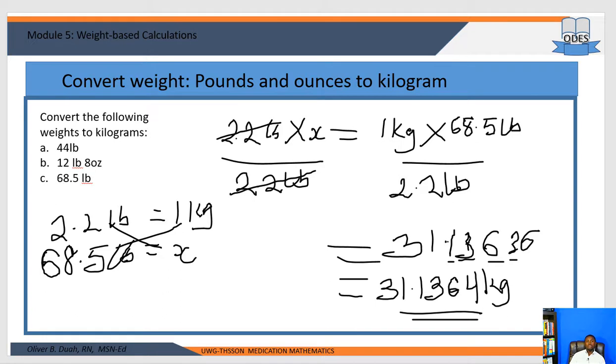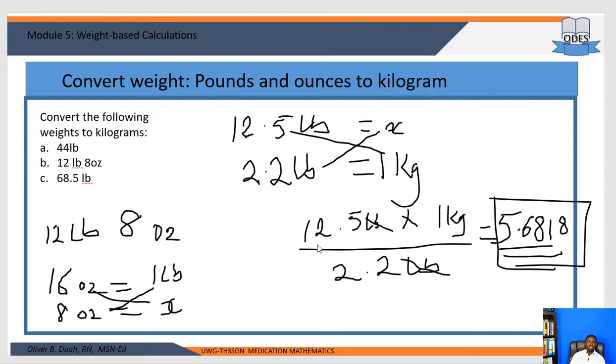And so to convert weight from pounds to kilograms, we have to know that there are 2.2 pounds in 1 kilogram. And if we have a figure like we have in B, so let's go back to B, we cannot just say, okay, 12.8 pounds.